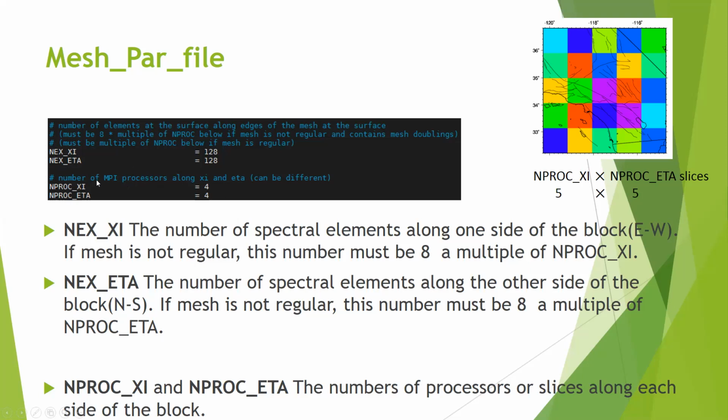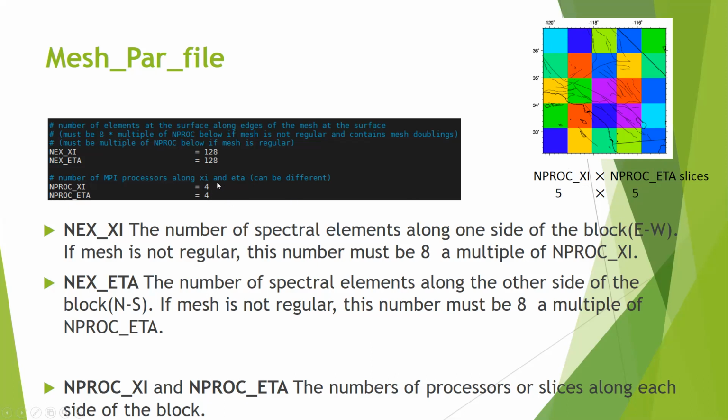You also need to provide how many MPI processors you want to use along these 2 directions. Here is an example. In this figure, they use 5 times 5, so there are 25 processors, and the model in the horizontal direction will be divided into 25 slices.